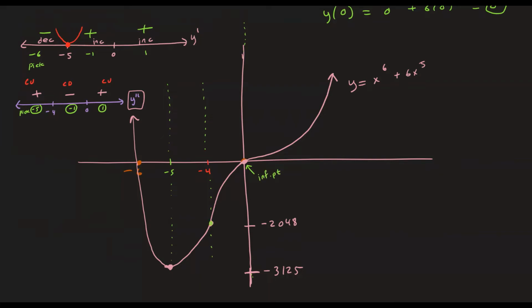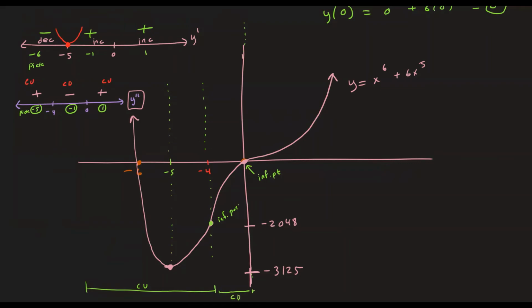So that's the graph. You can see this is a change in concavity, an inflection point. And here also a change in concavity, an inflection point. If you analyze the graph from here to here, you're concave up, kind of like a happy parabola. And from here to here, you're concave down.